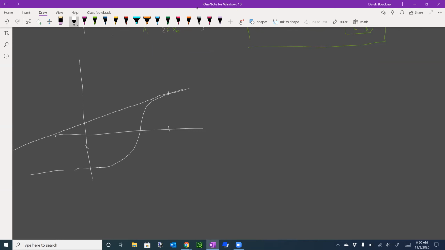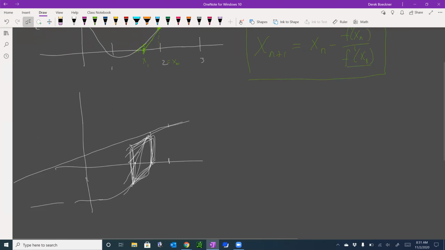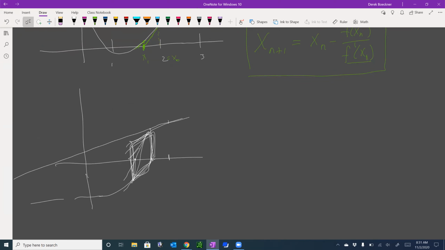So maybe I find someplace in here a little bit closer, and that shoots me down to here. Then this shoots me back to where I was, and I just get into this parallelogram thing where I circle around here indefinitely. That doesn't work very well. So this works a lot of times, but sometimes it doesn't. That's basically Newton's method: repeatedly using this to get approximations for roots of polynomials.